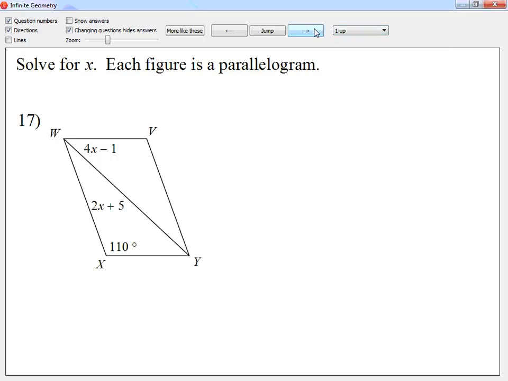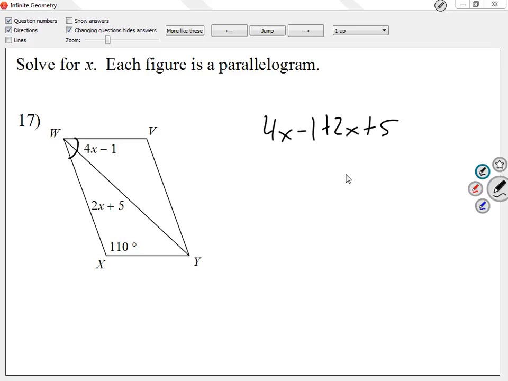Let me skip to number 17 because there's diagonals now. I'm going to say angle W, the whole W is 4x minus 1 plus 2x plus 5. I know 2x plus 5 is way down here. It just didn't fit right there at the corner. But that's where it goes, right?